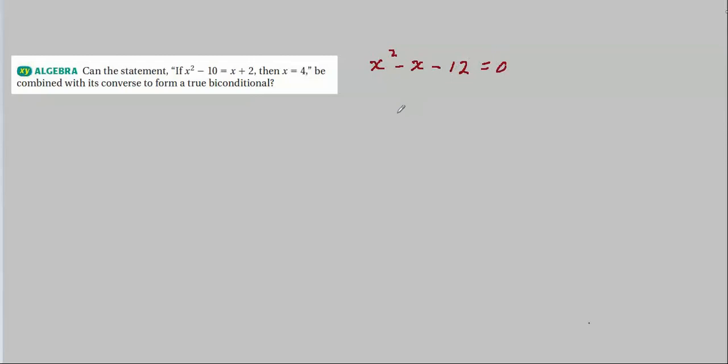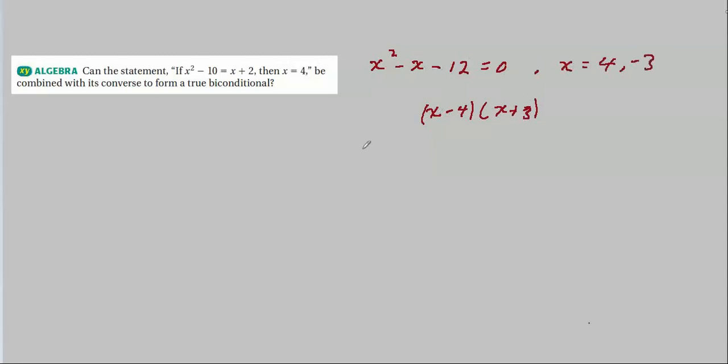So we get x plus 4 times, obviously I reversed the signs here. It's x minus 4 times x plus 3, which means 4 is definitely a root, but then it seems to me x equals 4 or minus 3.